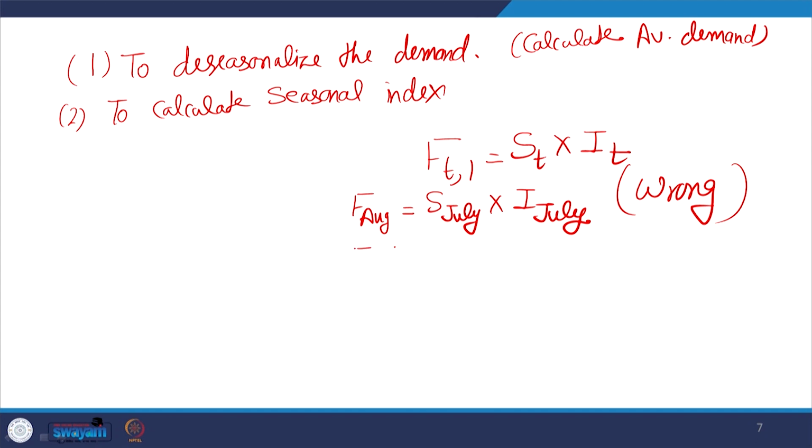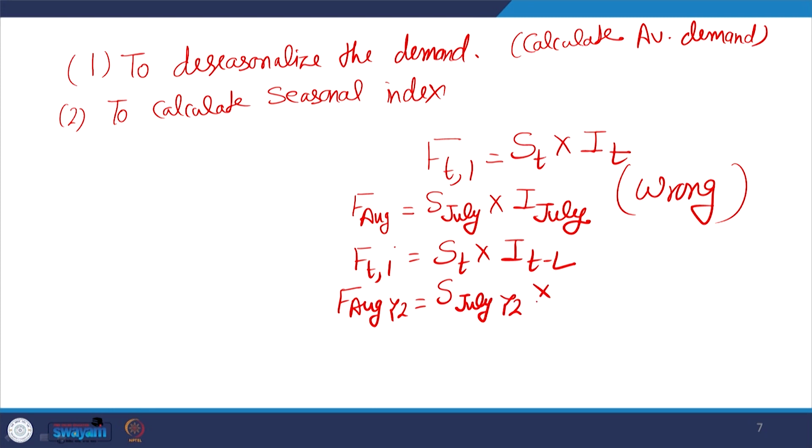Then if I do F_T+1 equal to S_T into I_(T minus L), what I am going to do is F August for year 2 is S July year 2 into I July year 1, that is also wrong.